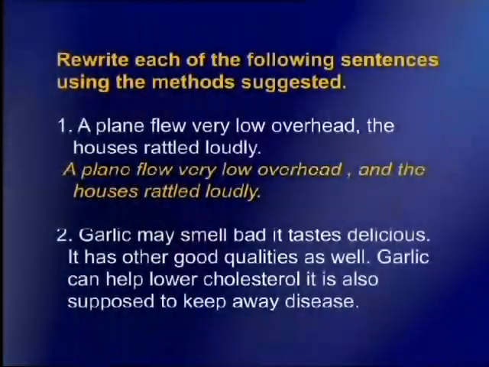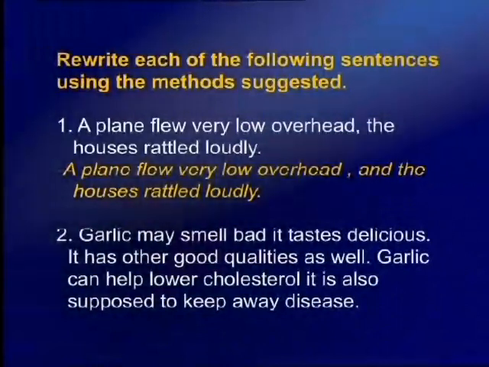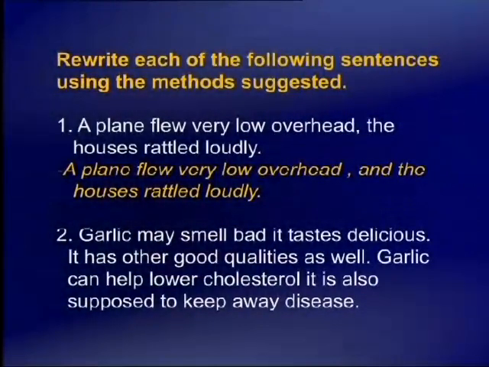Now if you look back at the given sentence, notice the first part, garlic may smell bad, it tastes delicious. That is the part that needs improvement. Garlic may smell bad, but it tastes delicious. The second one is correct. It has other good qualities as well. There is no need to change anything.